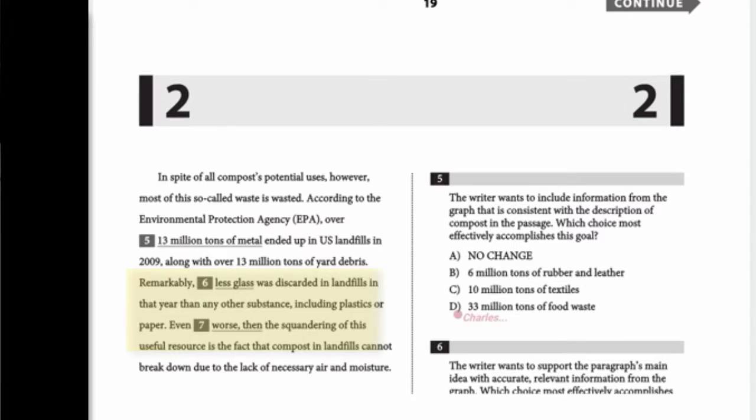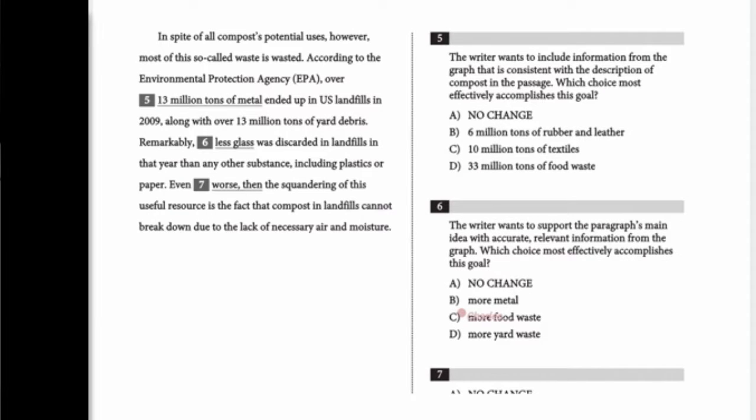So number 6, the writer wants to support the paragraph's main idea with accurate, relevant information from the graph. One option says less glass was discarded in landfills this year than any other substance. Well, okay, glass is not relevant. We're talking about compost, which means we're talking about food or yard waste.